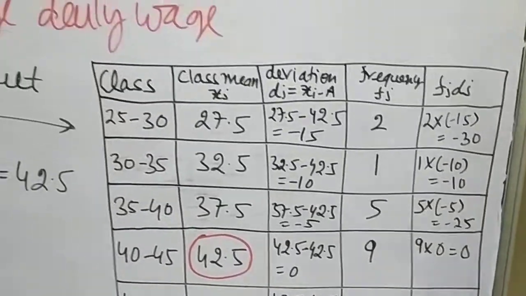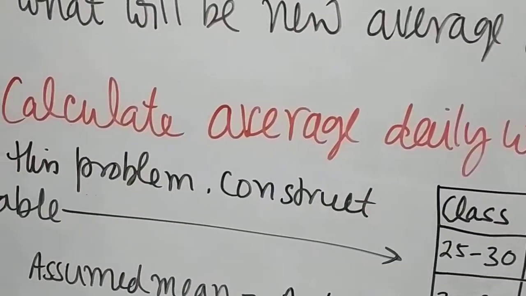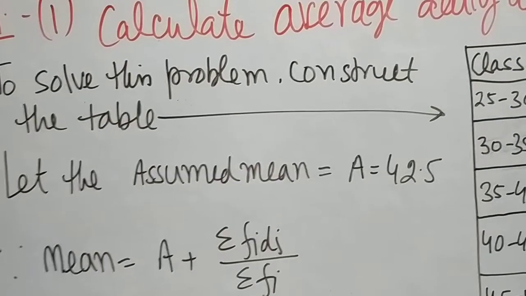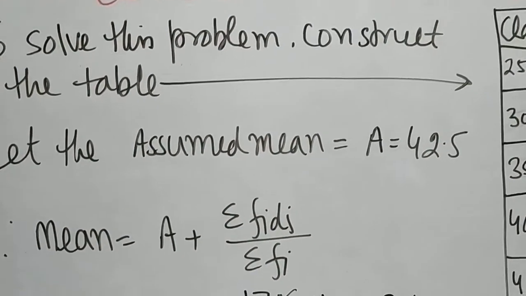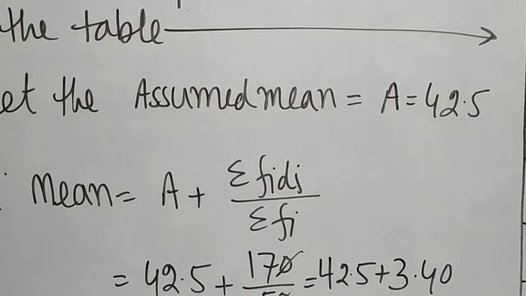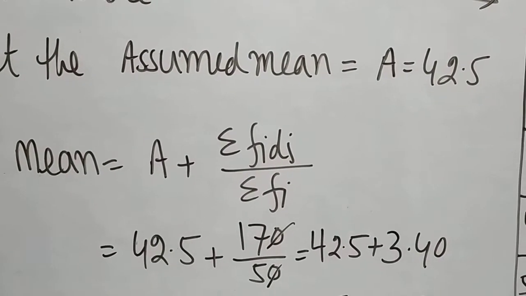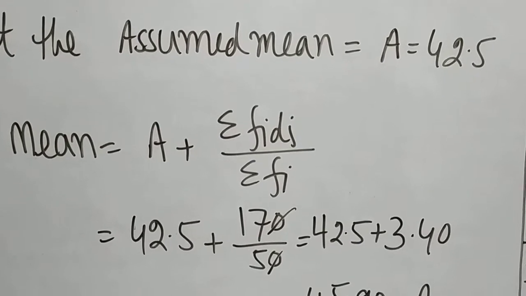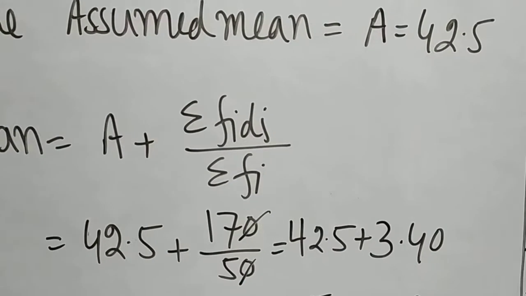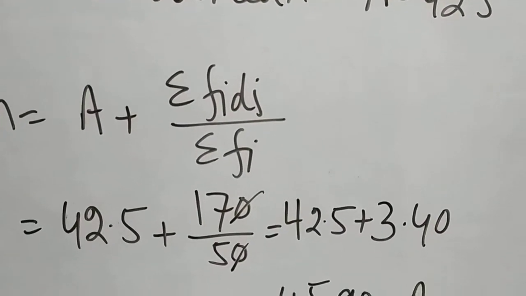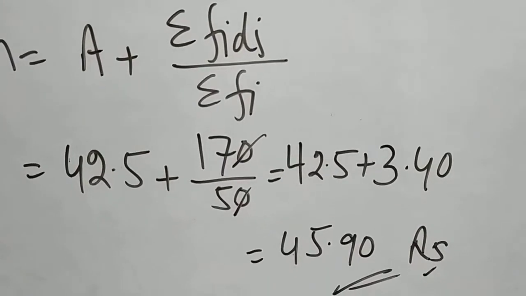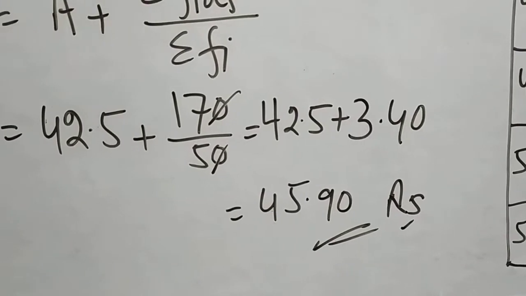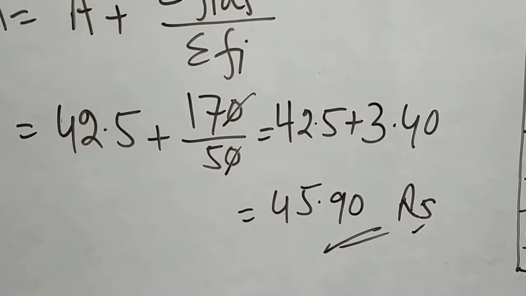Okay, now put these values in the formula. Assumed mean we have taken from the table as 42.5, sigma FiDi calculated as 170 and sigma Fi is 50. Okay, this is the answer, 45.9.